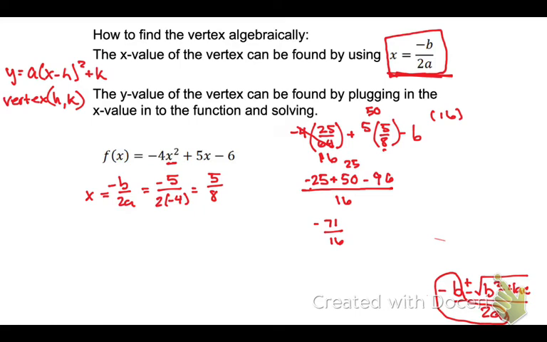I don't think that reduces, do you? Because 16 is a bunch of 2s and 71's odd. So my vertex is 5/8, comma, negative 71 over 16.